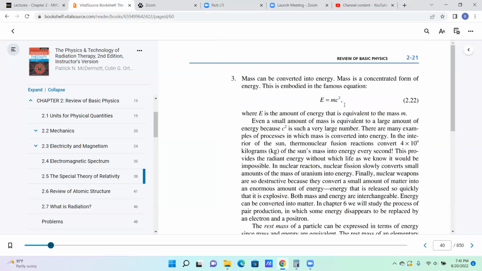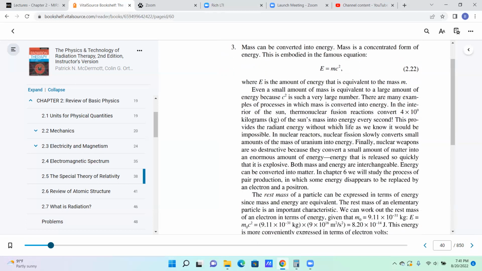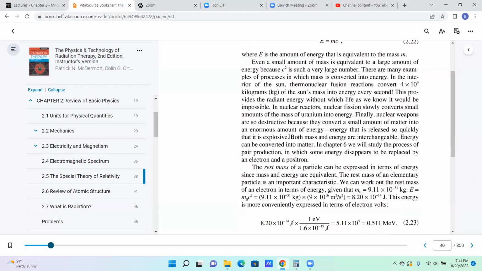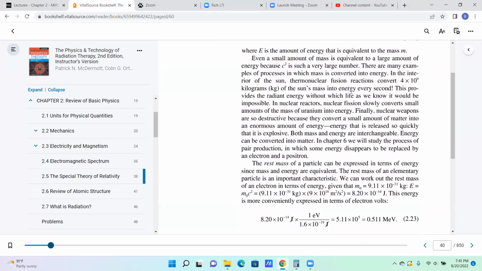Number 3, mass can be converted into energy. This equation right here is about the most famous that you will ever see. E is going to be the amount of energy. M is going to be the amount of mass. So you can see here that with thermonuclear fusion reactions, you convert this number of kilograms of the sun's mass into energy every second, and it provides the radiant energy that we see all around us.